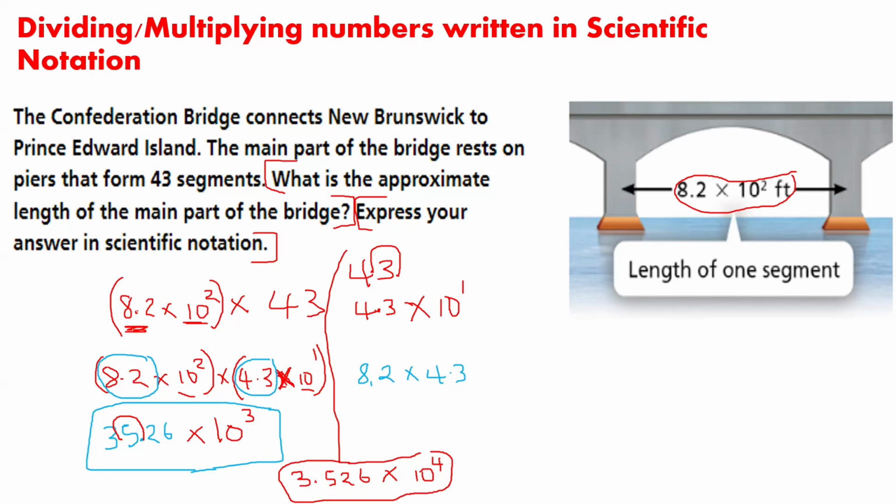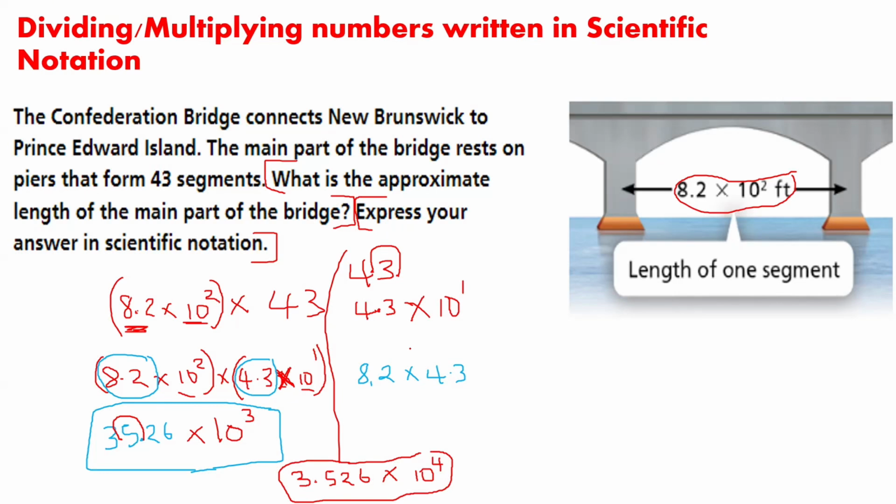Just to review what we just did, to multiply or divide numbers written in scientific notation, first you look if those quantities are in the same form. If they are not in the same form, you need to write both numbers using scientific notation. Then two, you apply the laws of exponents when the bases are the same. If you're dividing, you keep the base and subtract the exponents, and you divide the first two factors.